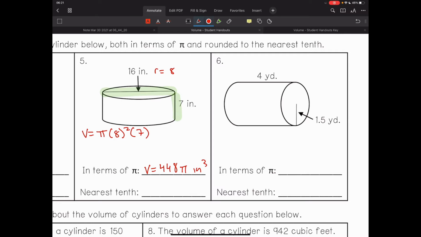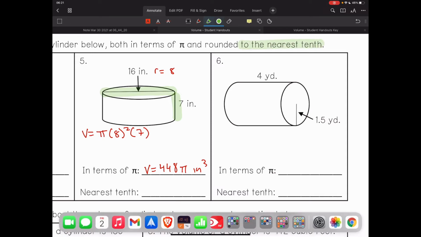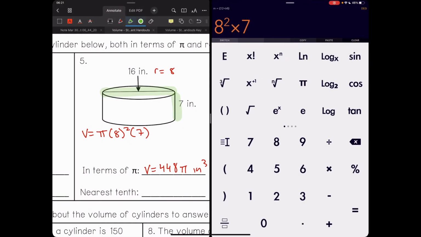If the problem doesn't specifically say to multiply by 3.14, but the instructions tell you to round to the nearest tenth, that means we're going to have to use the pi symbol or 3.14 in our calculator. So we would do 8 squared times 7 times 3.14.